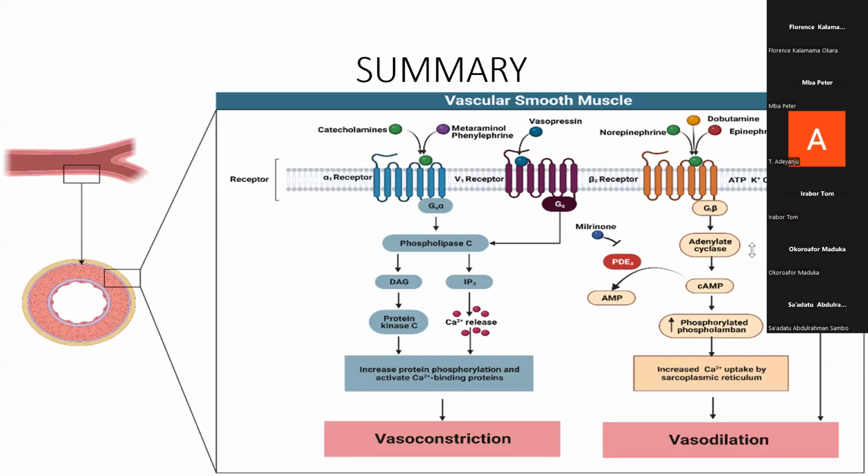So the receptors have to be clear in our mind, and then the messengers as well that they act on, whether primary or secondary, and the effect they have generally on the receptors.